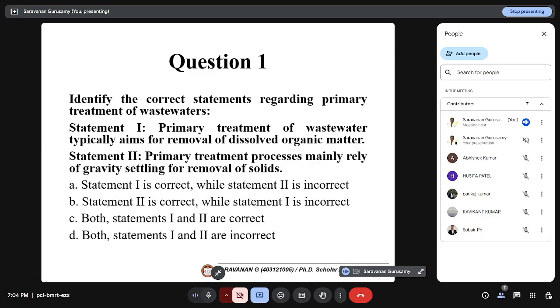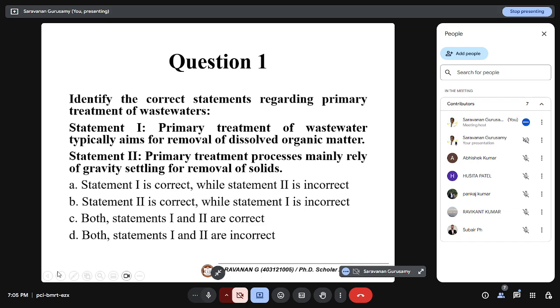In the primary, as I mentioned, screens, grit chamber, primary settling tank, all these three remove only the solids, not the dissolved organics. So option 1 is not correct. Option 2 is correct, right? Because we are using gravity as a principle to remove the solids. So primary treatment processes mainly rely on gravity. So the first statement is wrong, the second statement is correct.